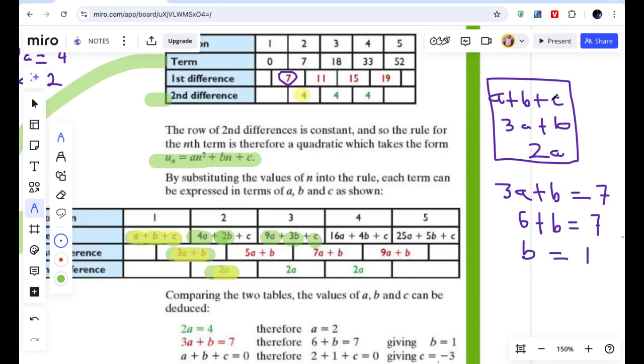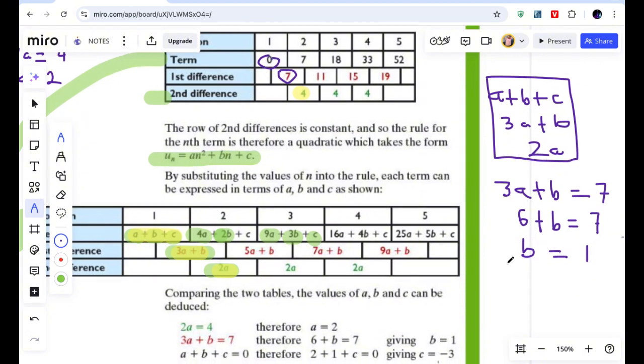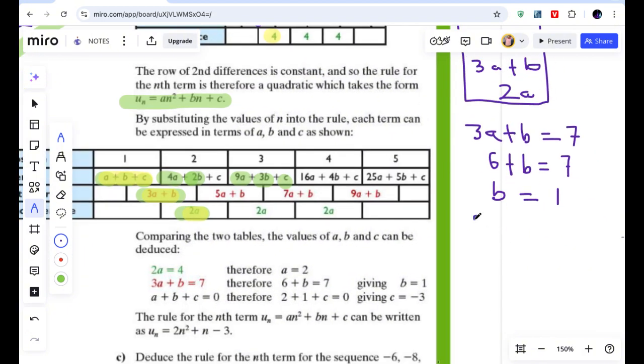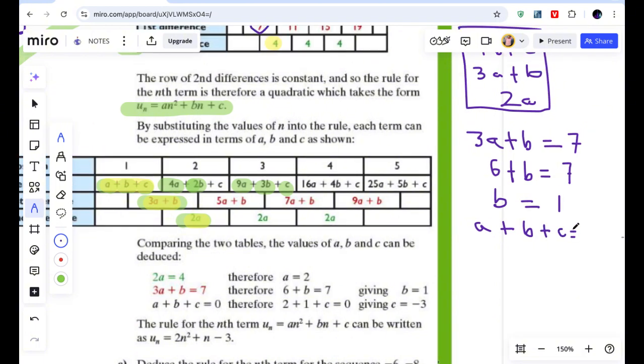Now we're going to find C by saying A plus B plus C equal to 0. Look at the position for C. Remember you found A already, you found B already. It's C we're looking for now. So A plus B plus C is equal to 0, right? Let's see the comparison.